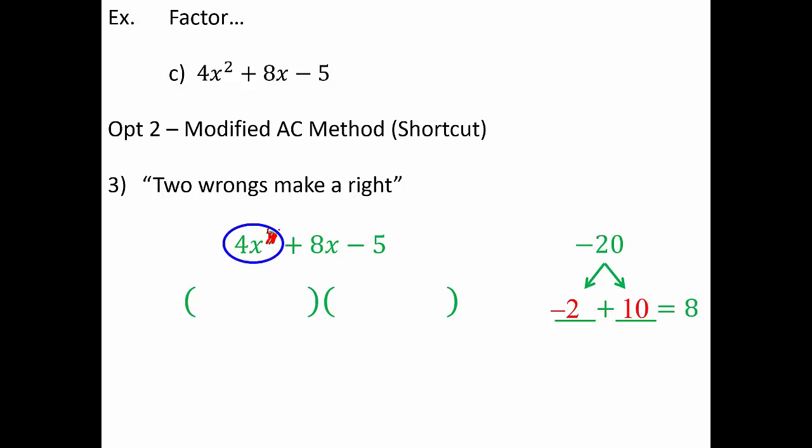And I'm going to put that 4x in both bubbles. I'm going to lead both bubbles with 4x, not 4x squared, but 4x. But there's a problem with that because, of course, I know that when I re-multiply these 2 binomials to get back to the original, 4x times 4x is supposed to give me the original 4x squared.